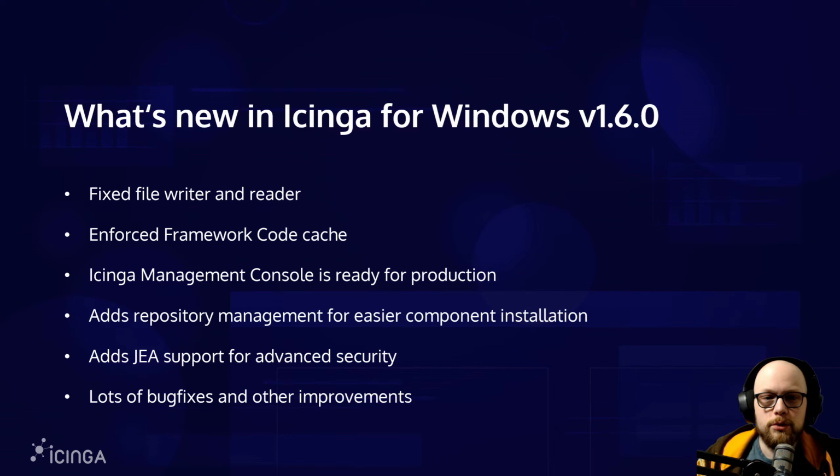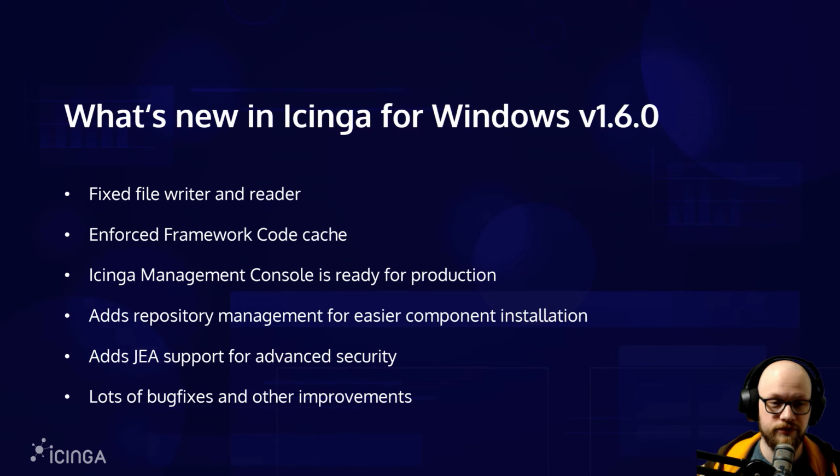So basically, what's new with 1.6.0? One issue we had in the past is that we fixed the file writer and reader. So basically, you were able to corrupt your configuration files or your cache files for metrics you collect behind. That's fixed.